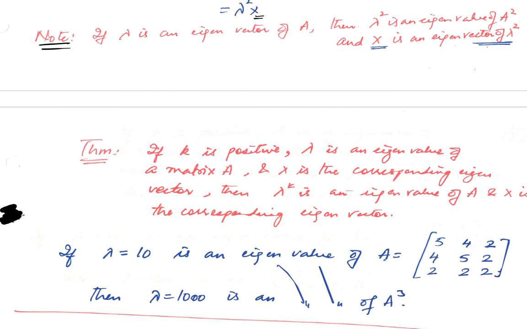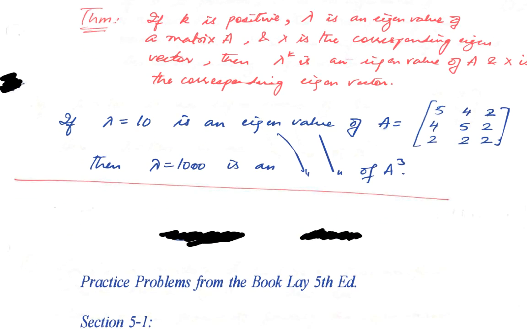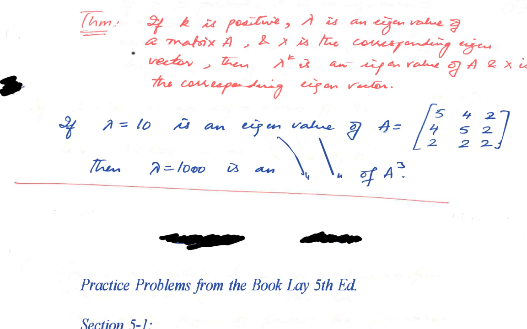One more theorem. And guys, remember, we will be applying theorems. Here, it says if k is a positive integer, lambda is an eigenvalue of a matrix A, and x is the corresponding eigenvector, then lambda to the power k is an eigenvalue of A to the power k.